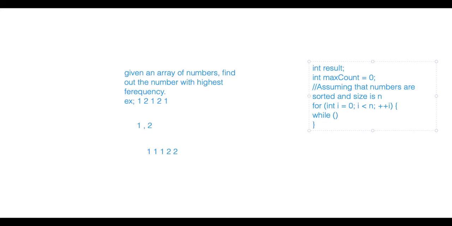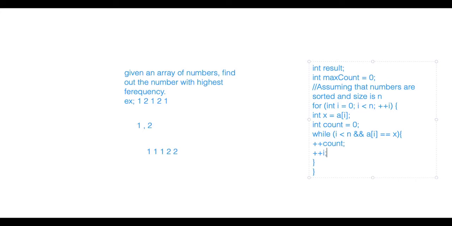We will define a number int x equal to a of I. Now we say, while I is less than n and a of I equal to x, count plus plus. Look at what we are doing in this loop.